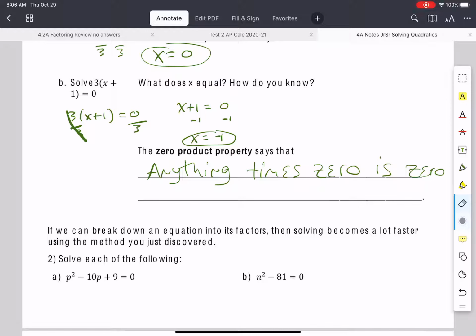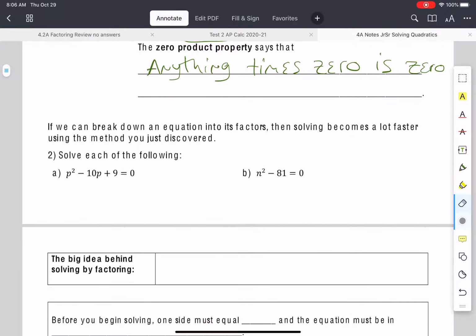Notice how on 2a, this is the same one we just factored, right? So if I wanted to pretend the x equals 0 wasn't there, and I just said solve by factoring, then let's put this into its factored form that we just got, which was P minus 1 times P minus 9, right?